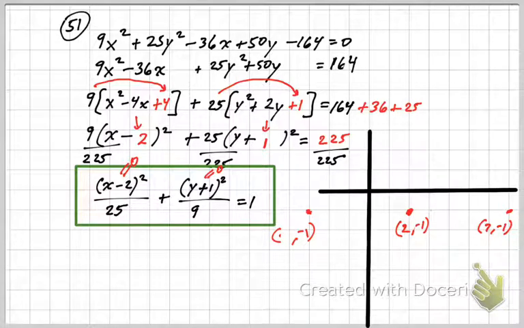How about the y's? How far in the y direction do I go? Up 3 and down 3. Three less than negative 1 would be negative 4, right? So is that up 1, 2, 3 and down 1, 2, 3? To the right 5 and to the left 5, right?